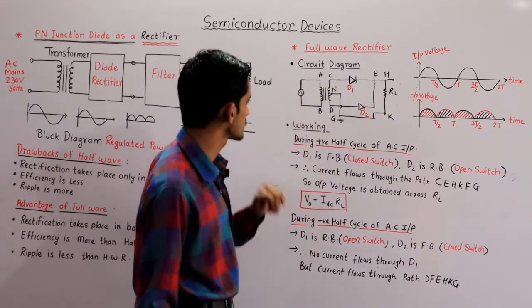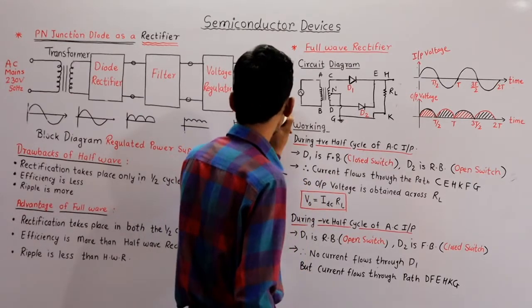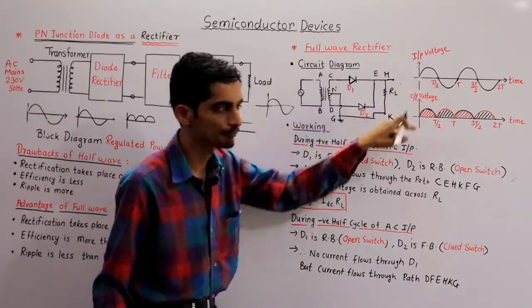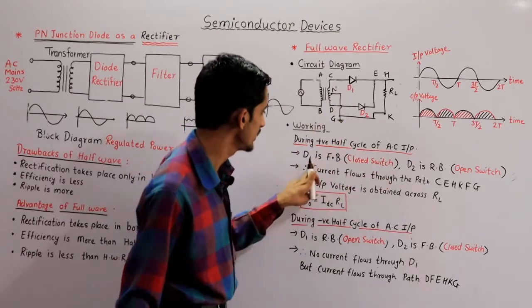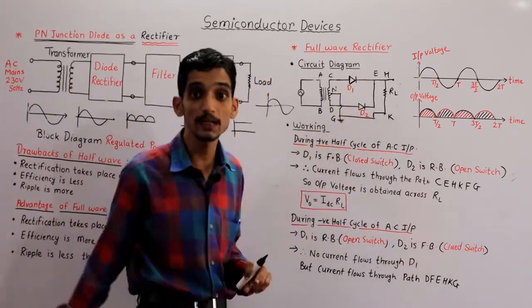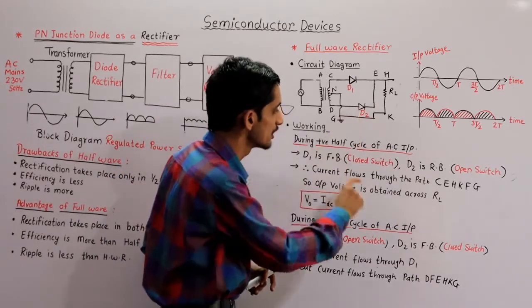Now how does it work? During the positive half cycle of the AC input voltage, diode D1 is forward biased, because the anode is more positive than the cathode. But diode D2 is reverse biased.